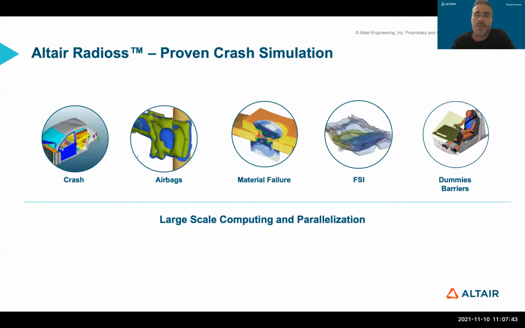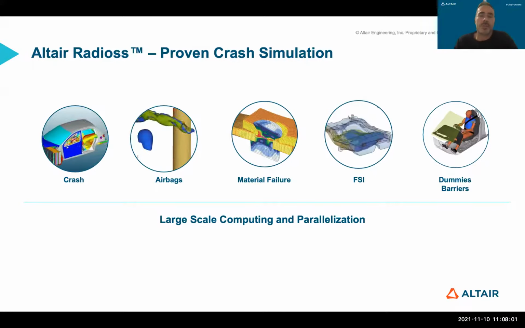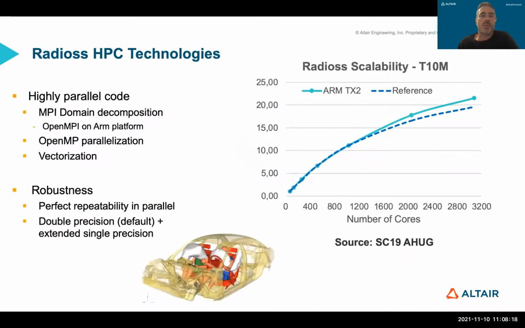A lot of simulations also embed fluid structure interaction. For example, during a rollover, if you want to look at what happens in the fuel tank, it is important. And one common point with all those simulations is that they are really compute intensive. So we always pay attention to computing power, to new platforms, and also to optimizing our code for new platforms, and to putting a focus on parallelization, of course.